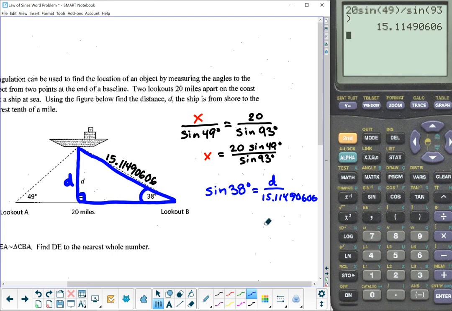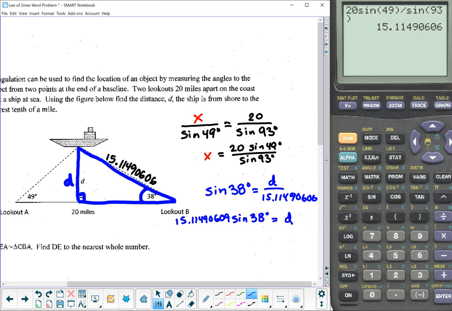To solve for D, I need to multiply both sides by 15.11490606. So it's going to be D equals 15.11490606 times sine 38. Sorry, not 98. 38 times sine of 38 degrees.